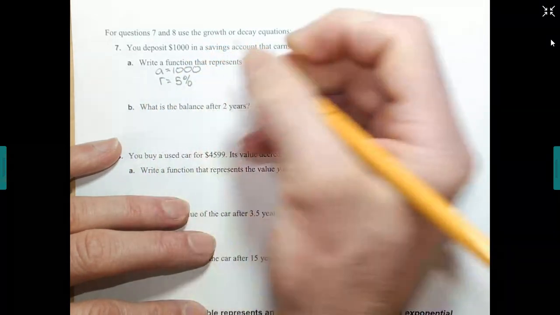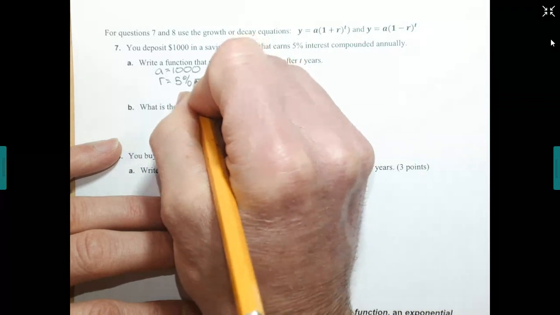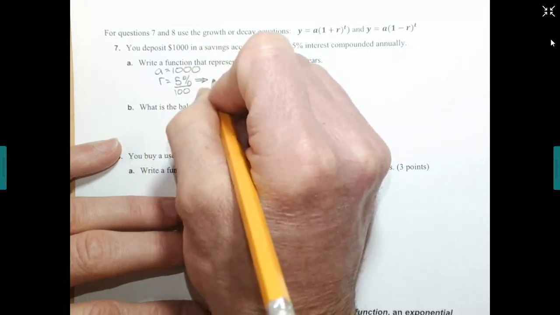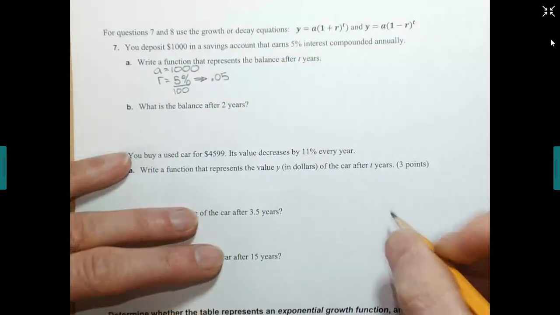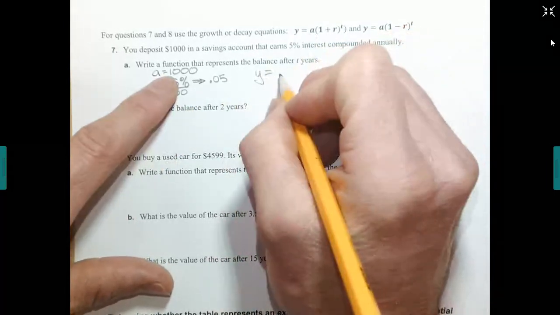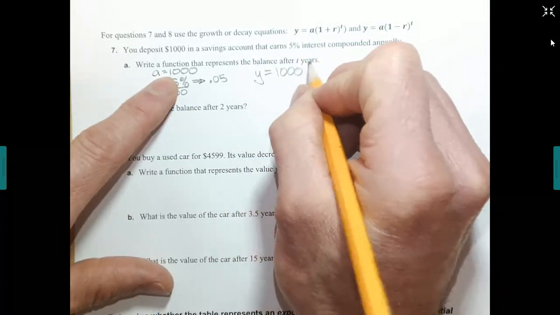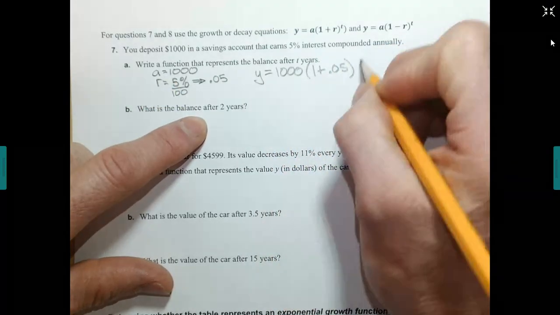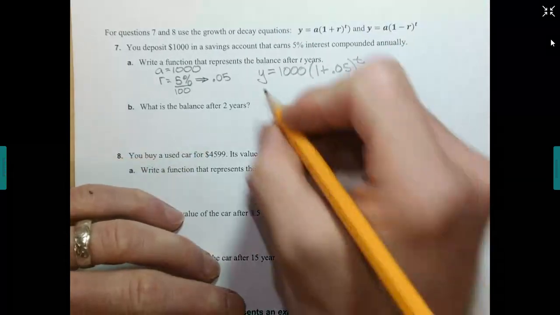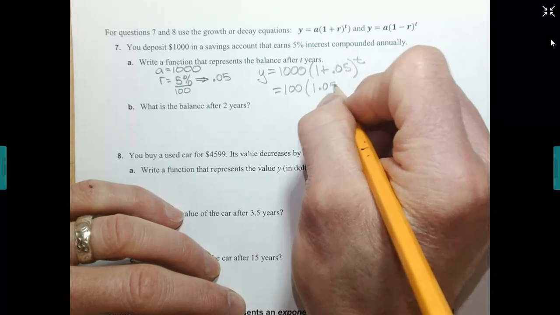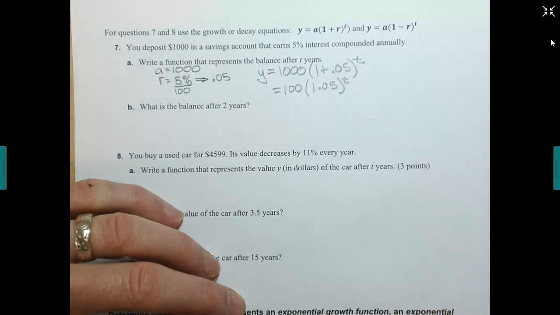But I can't put a percent into a math problem, so I have to turn it into a decimal. Percents to decimals, I divide by 100, so you get 0.05. Let's plug these in. y equals a, which is 1,000, times 1 plus 0.05 to the t value. So 1,000 times 1.05 to the t value.